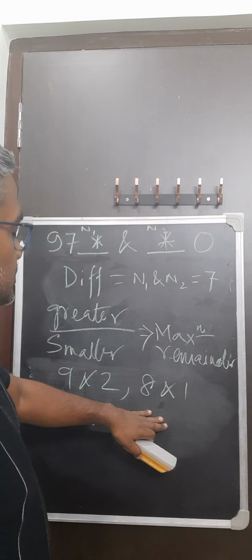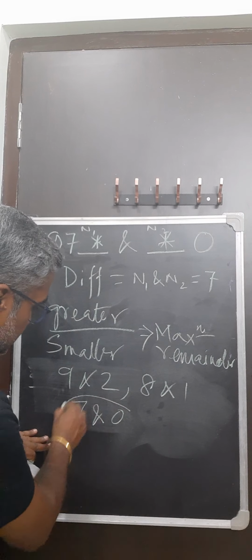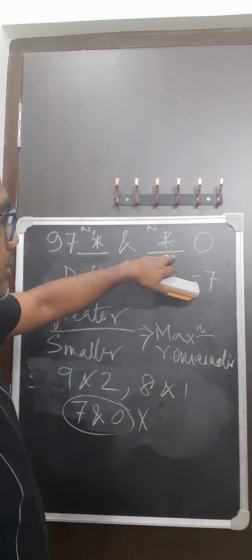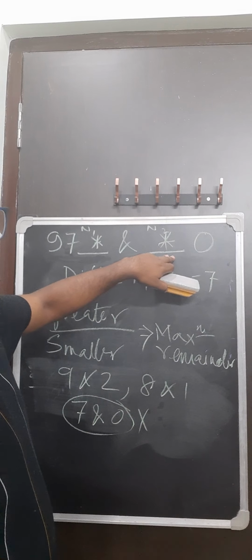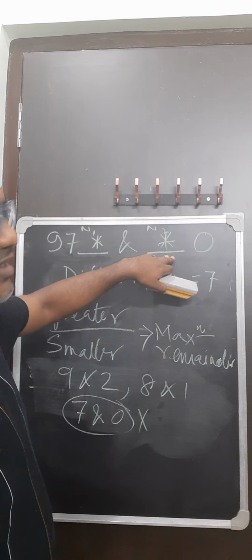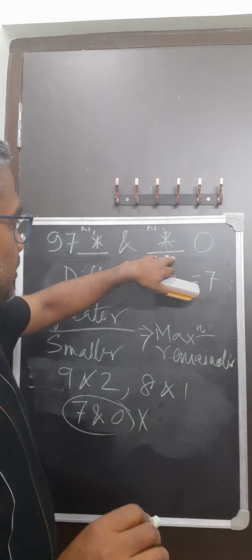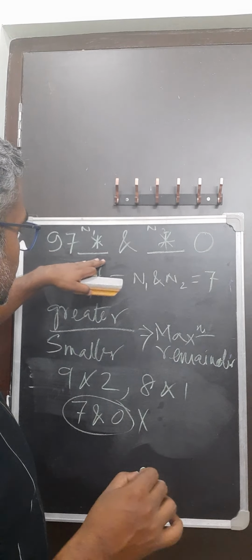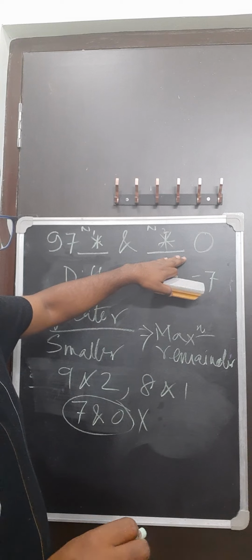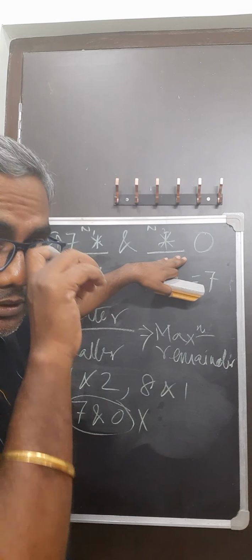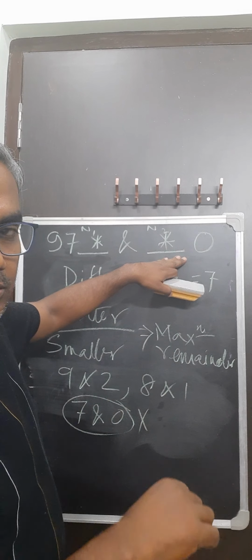These are the possibilities. But 7 and 0 cannot work, because if I take 0 here, it doesn't have any meaning. If I divide by 0, I will not reach anywhere. Something divided by 0 is undefined.